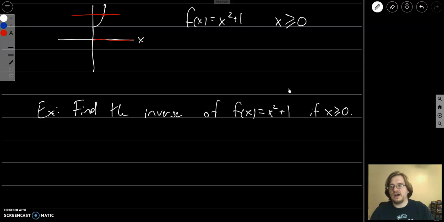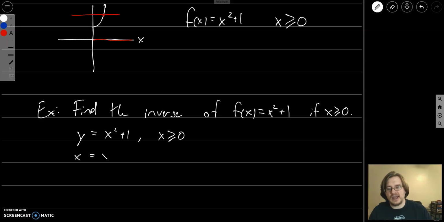Again, to find the inverse, we will replace f of x with y. So y is the output, x is the input, and we're only inputting x's that are greater than or equal to 0. To find the inverse, we switch our inputs and outputs.